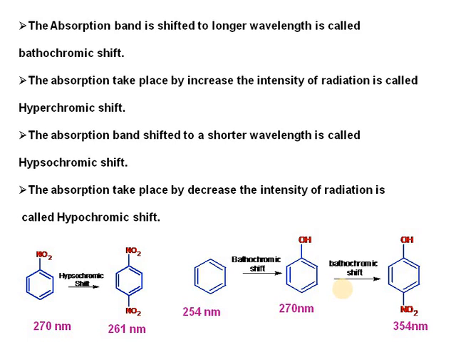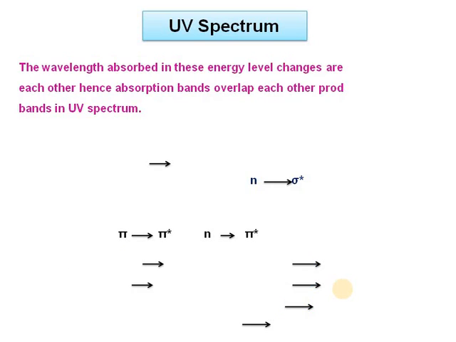The change in the electronic levels is accompanied by changes in vibrational as well as rotational energy levels, and therefore the wavelengths absorbed for these energy level changes are very close to each other, so the absorption bands overlap with each other, producing broad bands in the UV spectrum.